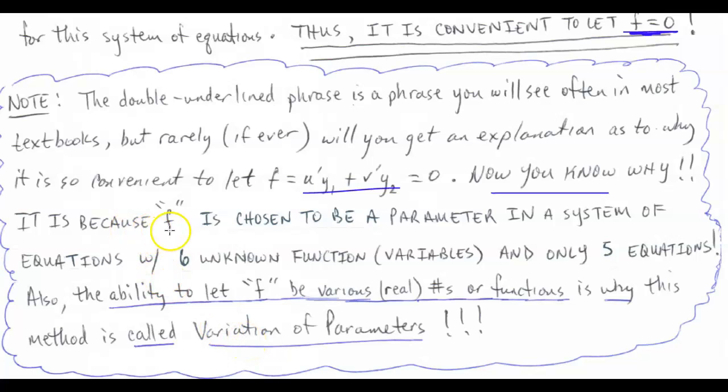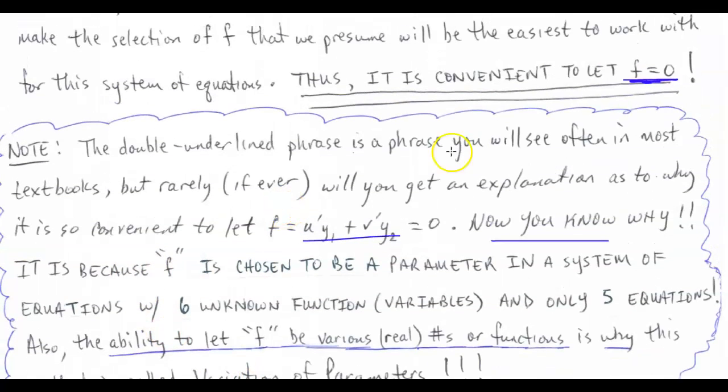Now, before we move on, I know I have f equal to 0 here, but I could very well have said let f be 1, or let f be x squared. If I had done that, I'd get different solutions for u and v.